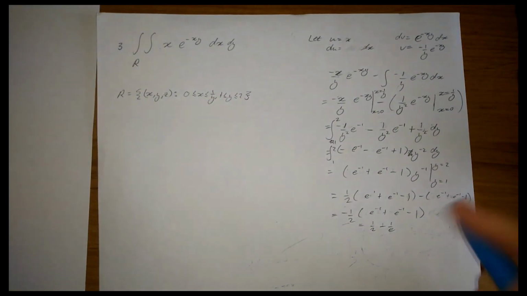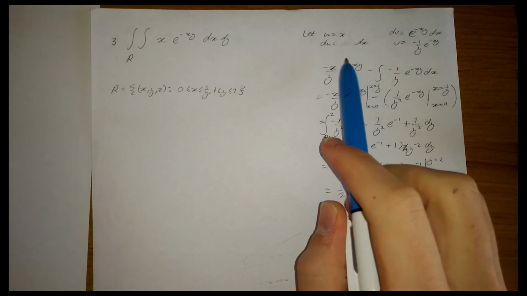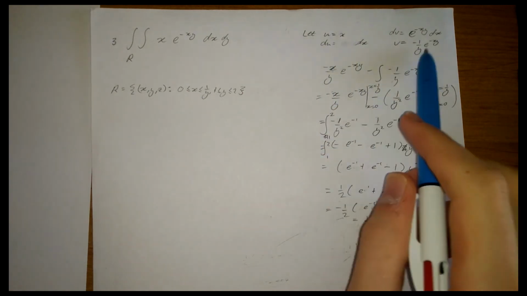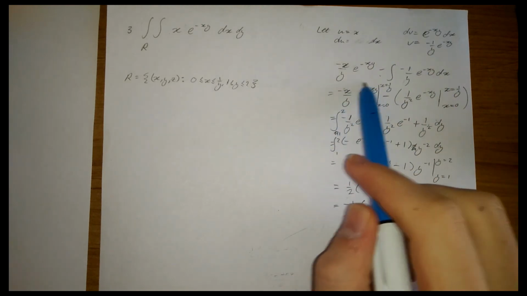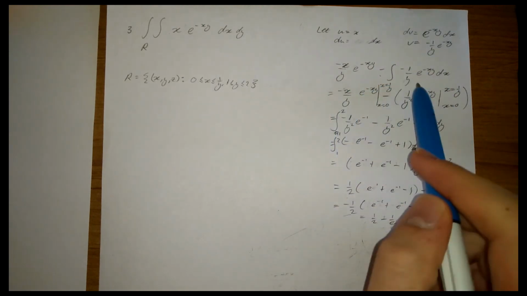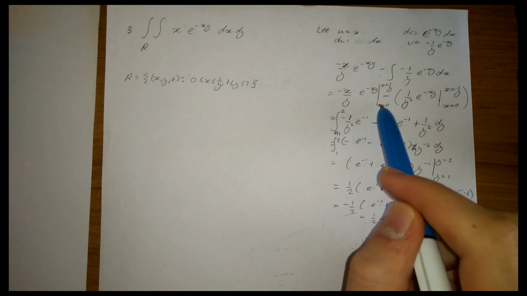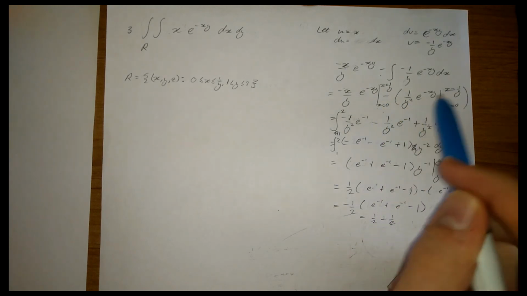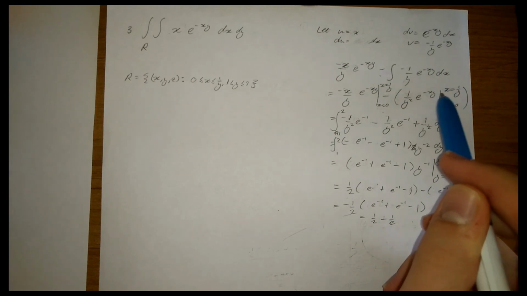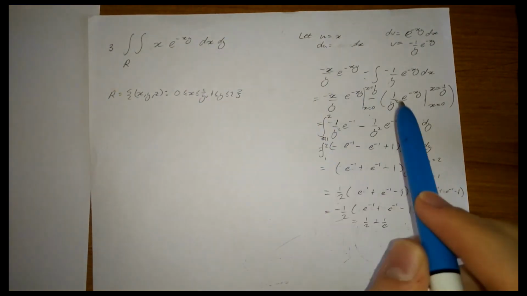What I could just do, just show you my working over here. So integration by parts, you do that times that minus the integral of that times that. So we have that over here. And then we evaluate this from 1 on y to 0, and from 0 to 1 on y, because we're integrating with respect to x first.